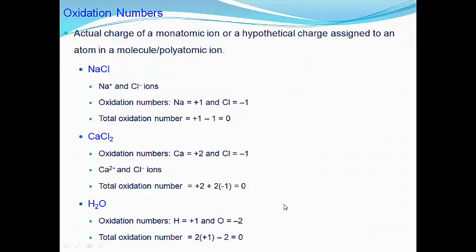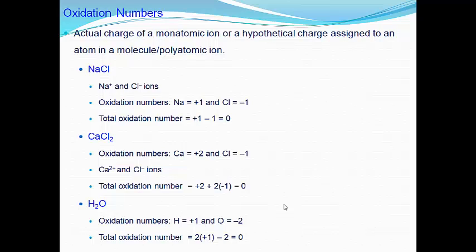Now, a fundamental in order for us to be able to identify oxidation reduction reactions, we have to be able to assign oxidation numbers to various atoms or elements by themselves or in ions or in molecules. And there are certain protocols or processes that are involved in assigning oxidation numbers, which you should know.